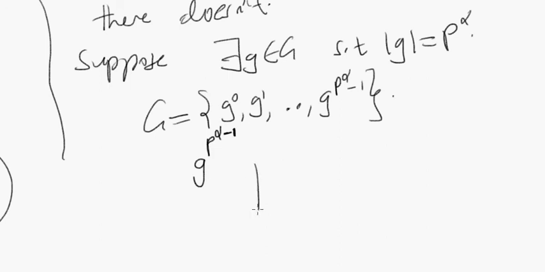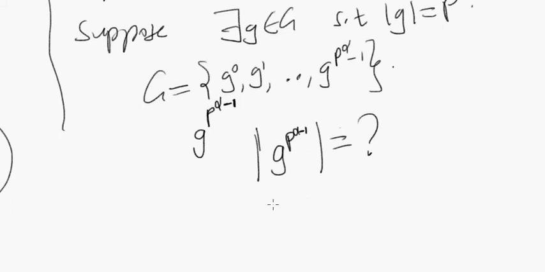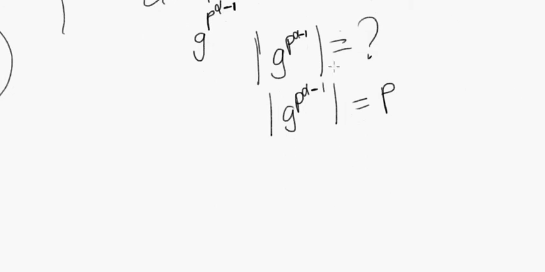In particular, can the order of g to the p to the alpha minus 1 equal p? Is that true? How would we prove that the order of g to the p to the alpha minus 1 equals p?